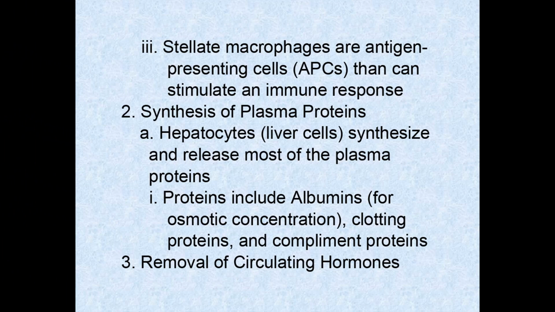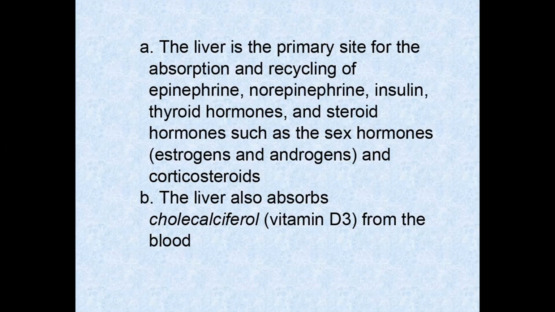Second, there is synthesis of plasma proteins. Hepatocytes synthesize and release most of the plasma proteins, including albumins, clotting proteins, and complement proteins. Third, removal of circulating hormones. The liver is the primary site for the absorption and recycling of epinephrine, norepinephrine, and other hormones, such as sex hormones and corticosteroids.